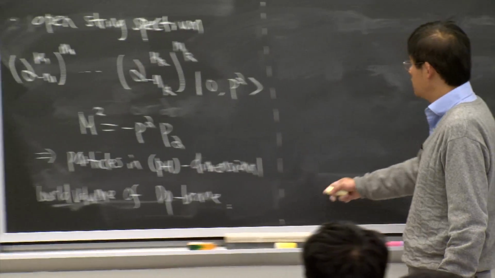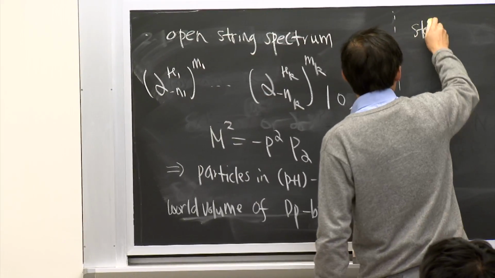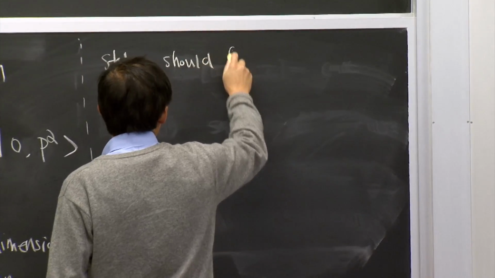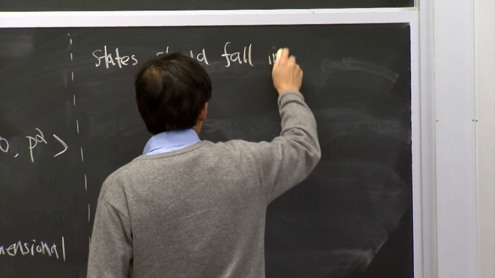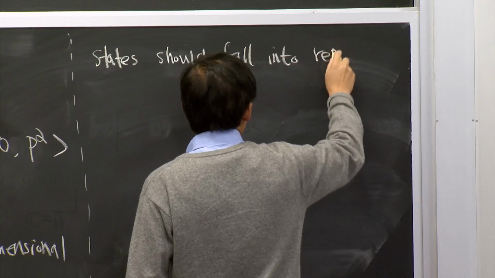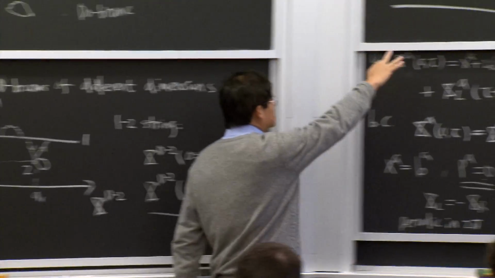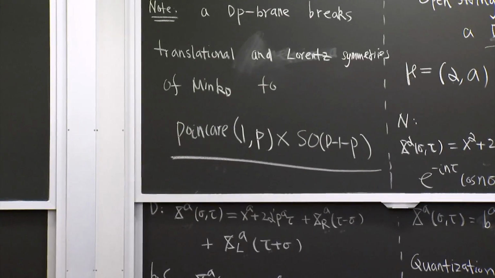And the important thing is that the states should fall into representations now of this symmetry, because that's the only remaining symmetry.